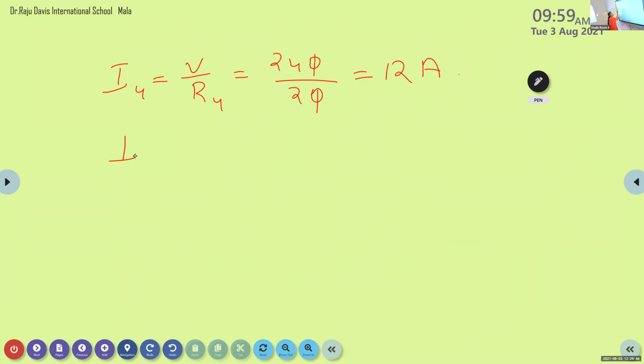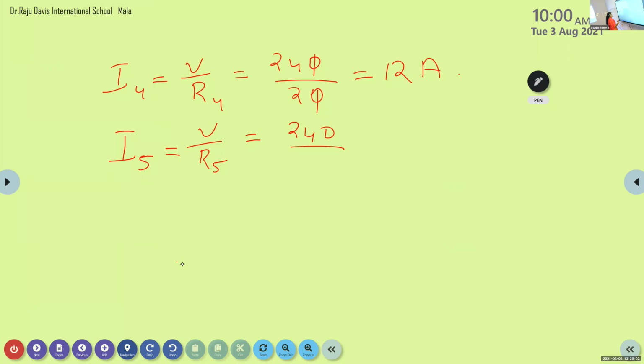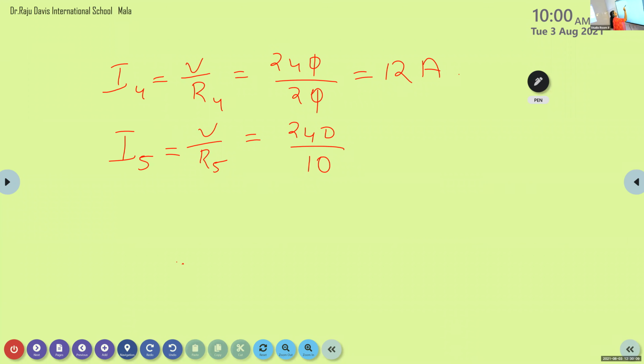Now the last case, I5, the current through the resistor R5, that is V divided by R5, that is equal to 240 divided by 10. 240 by 10 is equal to 24 ampere.